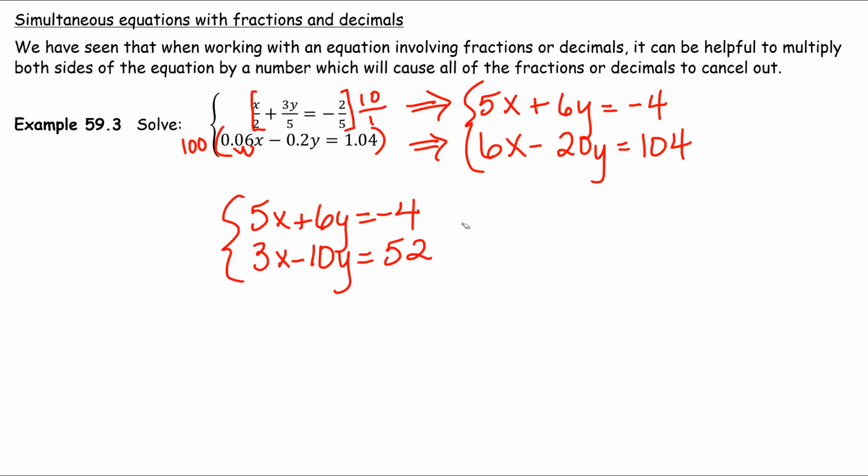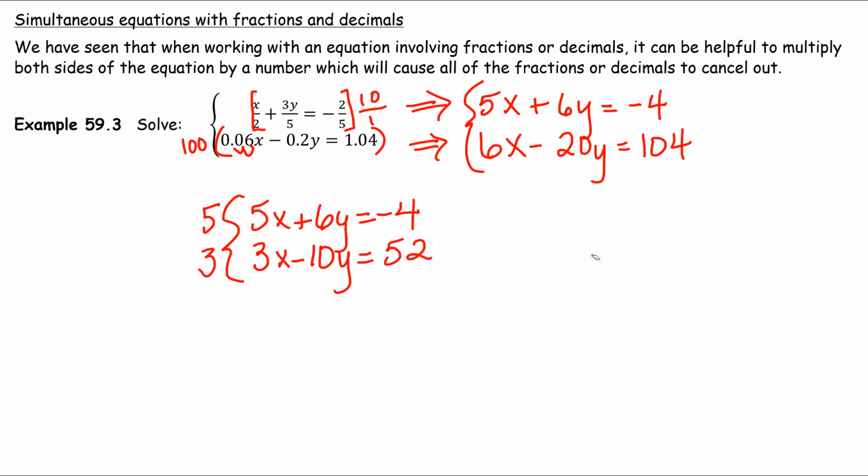All right, so now we want to cancel something. I'm going to cancel the y's using elimination, because one of them is positive and one is negative. So I need to think about the least common multiple of 6 and 10. The lowest number that 6 and 10 both go into is 30. So if I multiply the top equation by 5 and the bottom equation by 3, I will get my y coefficients to be the same but opposite.